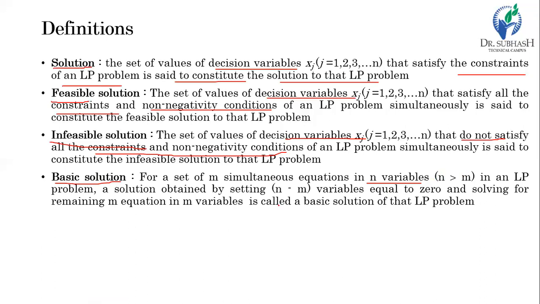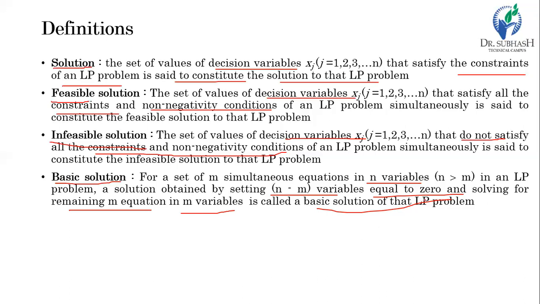When you set n minus m decision variables equal to 0 and solve for the remaining m equations and m variables, the result is called a basic solution of the LP problem. It is quite difficult to understand, but we will see it in detail during the solution of the problem.